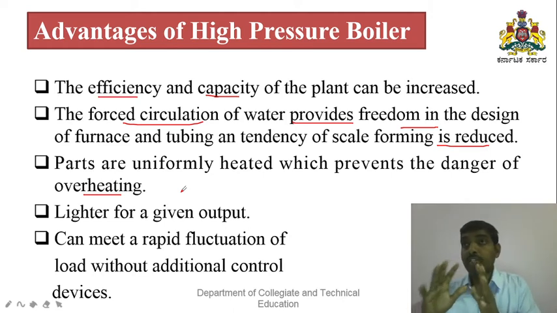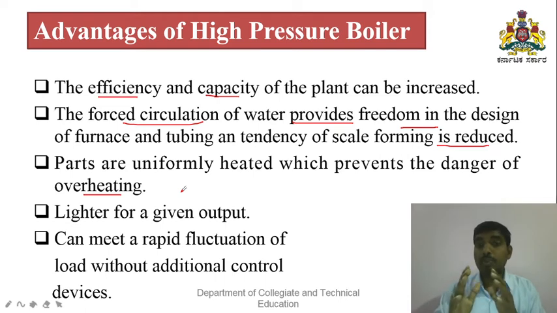There is no uneven construction here. Suppose an uneven design is given, where the distance between one tube and another is elongated; then there is a possibility of overheating. To minimize this, we have a very good design and uniform placement of the tubes, so the overheating is reduced.